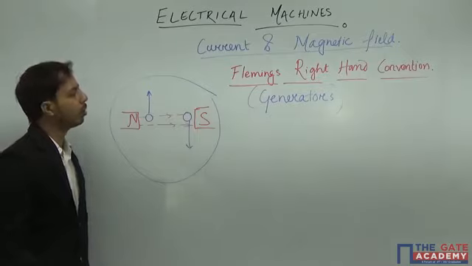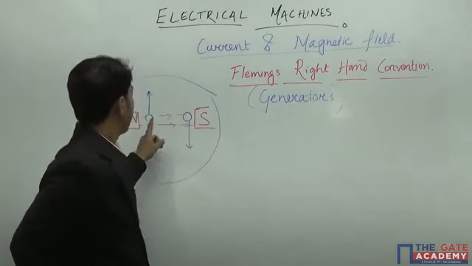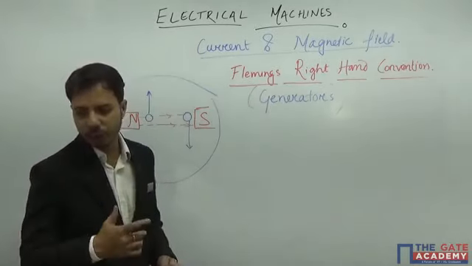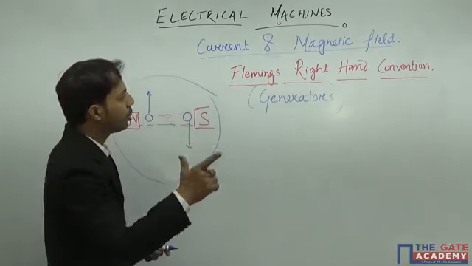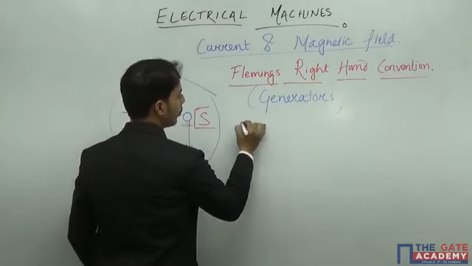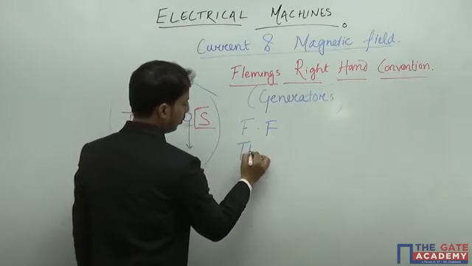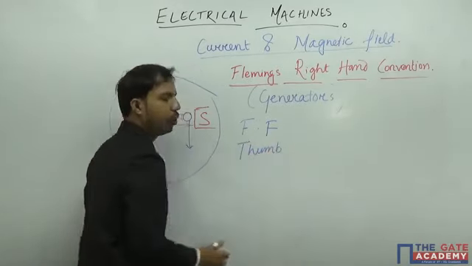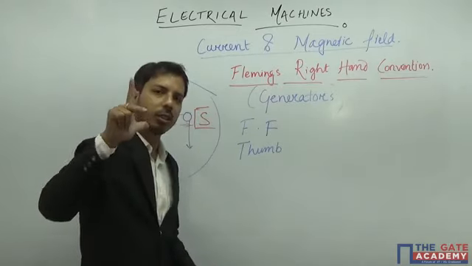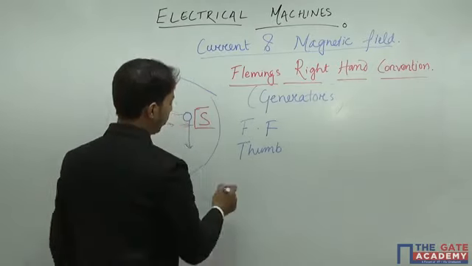That means we need to find out the EMF which is generated or induced in this conductor. In Fleming's right hand convention, as you can see in your PPT, we will use the forefinger, the thumb, and the second finger, and the positions will be at right angles with respect to each other.